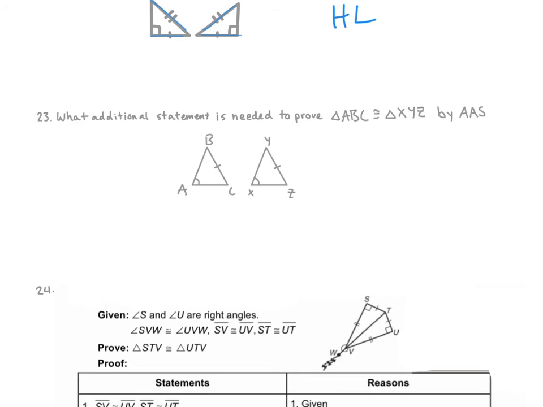What additional statement is needed to prove triangle ABC is congruent to triangle XYZ by angle, angle, side? We need another angle. Which other pair of angles can we say are congruent?